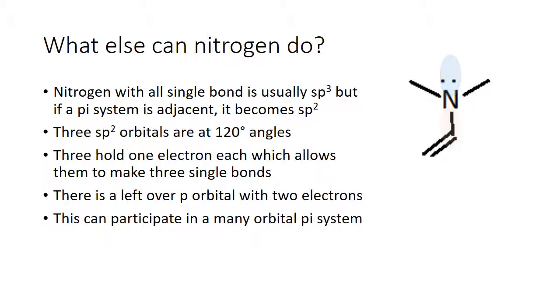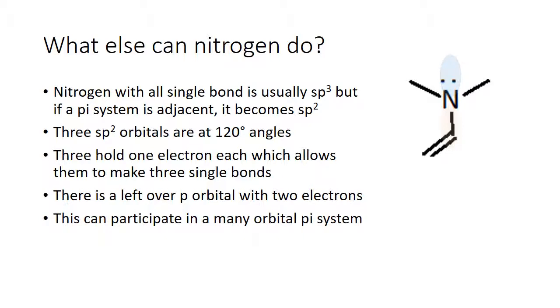What else can nitrogen do? Nitrogen can also have 3 single bonds to it. Now, normally we think of nitrogen with 3 single bonds and a non-bonding pair as being sp3 hybridized. But if there's a pi system adjacent to it, the pi system induces it to become sp2, and it hogs a single p orbital.